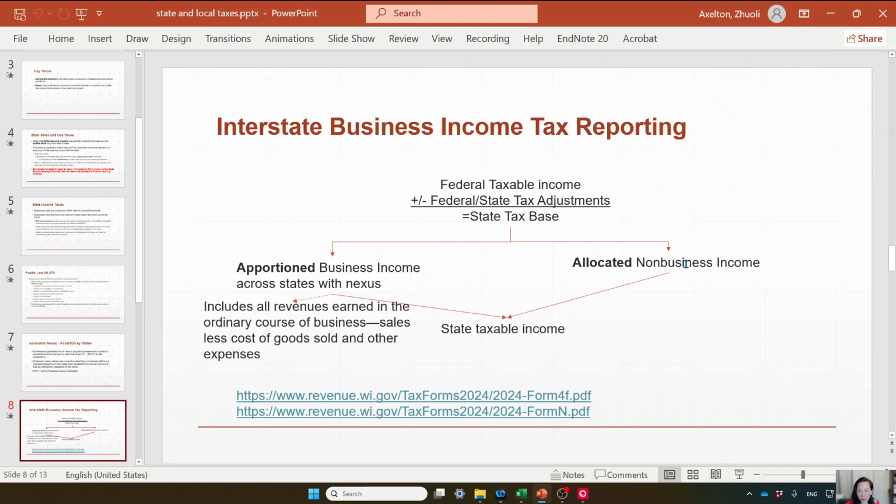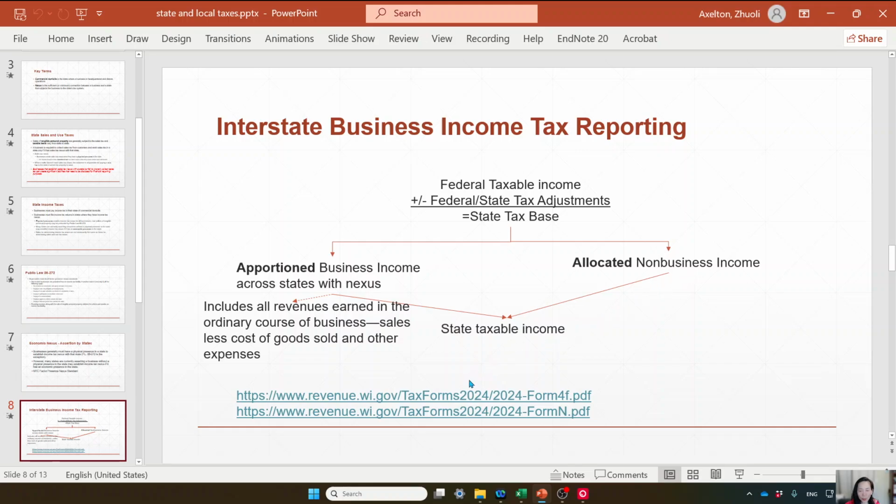And the non-business income, which is anything not considered business income, will be allocated specifically to a particular state. So from a state taxable income perspective, there are really two sources. One is a portion of business income. The other is allocated non-business income.